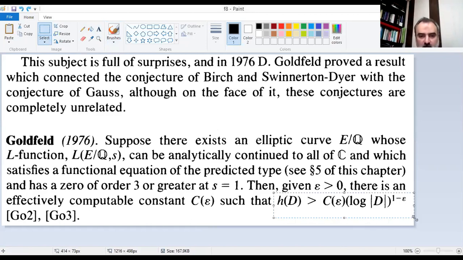So this depends on proving that there is an elliptic curve whose L function has order of vanishing 3 at s equal to 1.